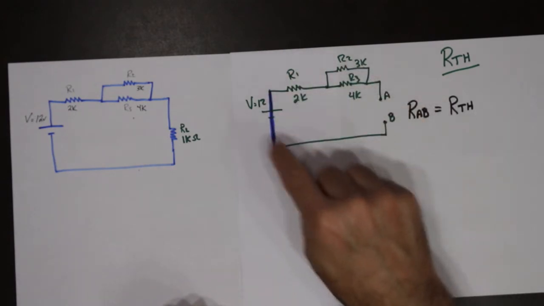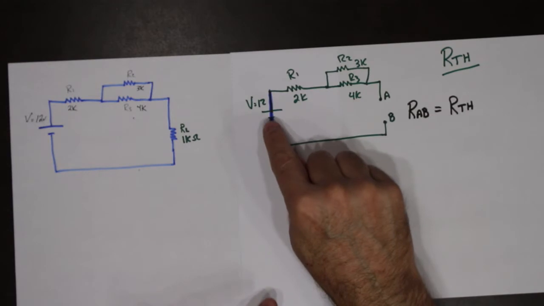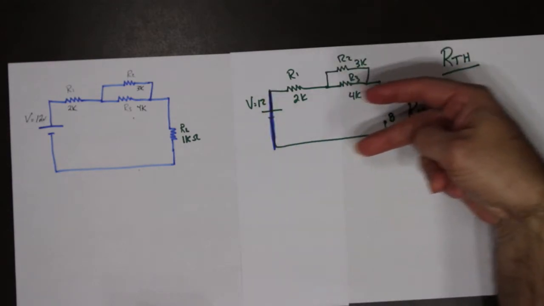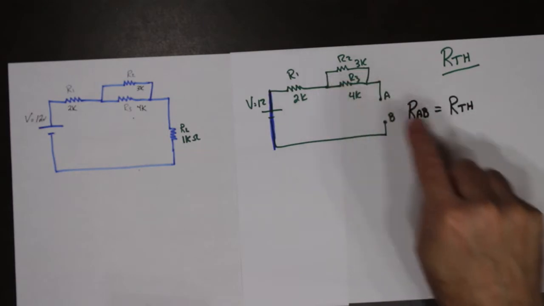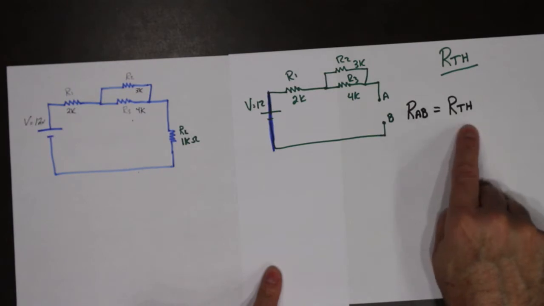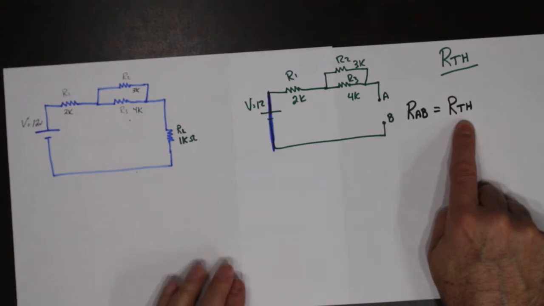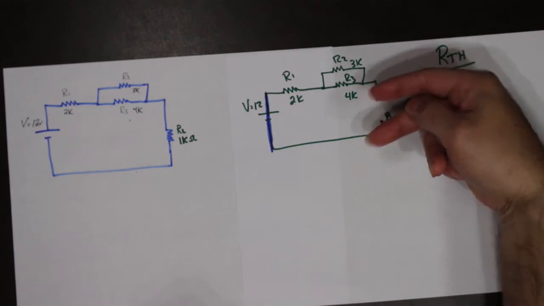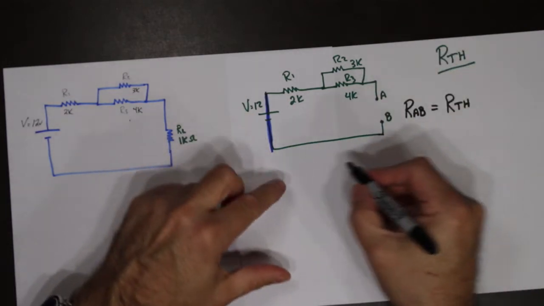So if you were to build this circuit with the power supply shorted out and measured the resistance, looking back this way, of that circuit, that would be A to B, which is what we're looking for and calling it Thevenin's equivalent resistance. So, resistance looking this way.